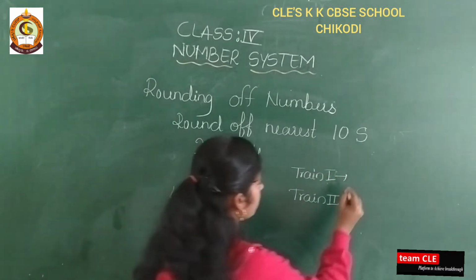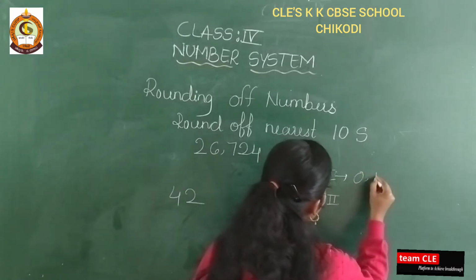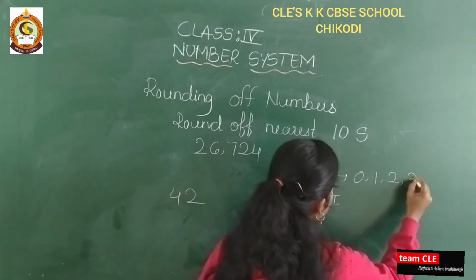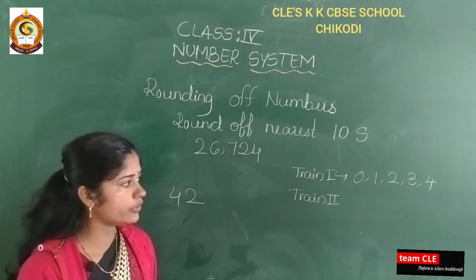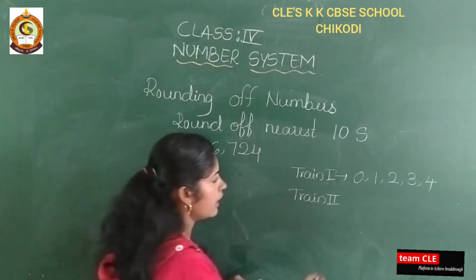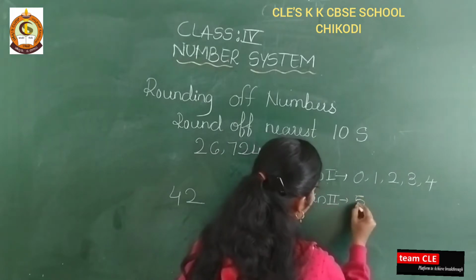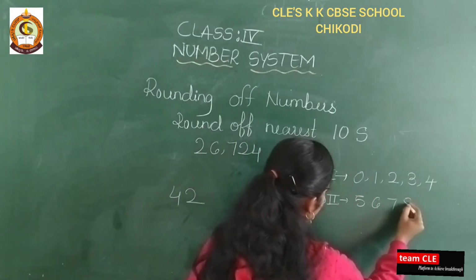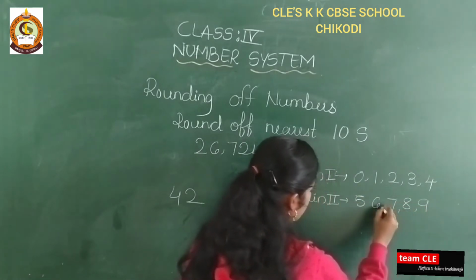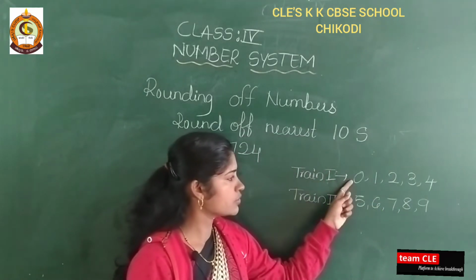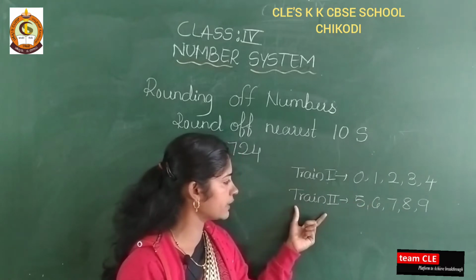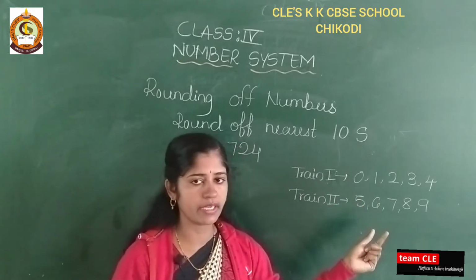In train number 1, 0, 1, 2, 3, 4 will come. And in train number 2, 5, 6, 7, 8, 9 will come.